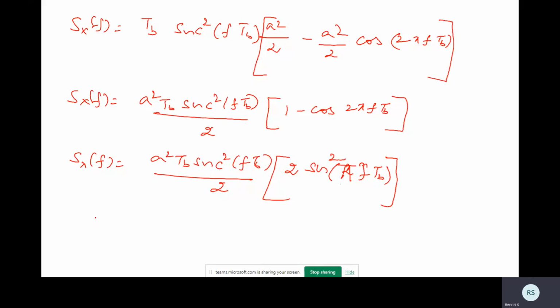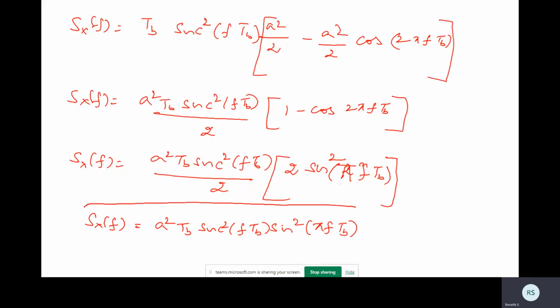This 2 and this 2 will get cancelled out. So finally Sx of f is nothing but a square tb sinc square of ftb and sine square of pi ftb. This is the final answer for bipolar format.